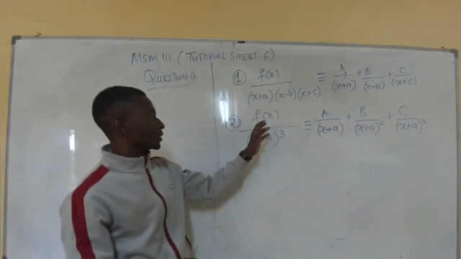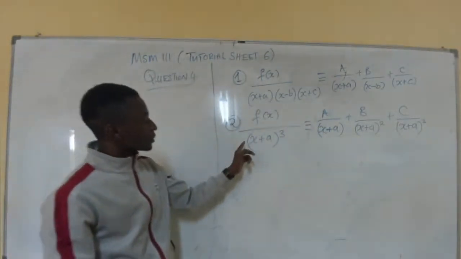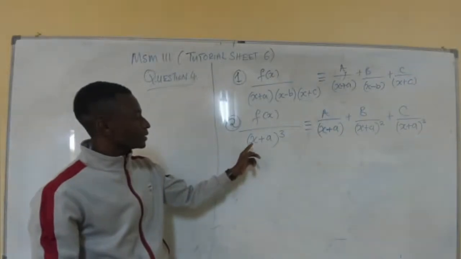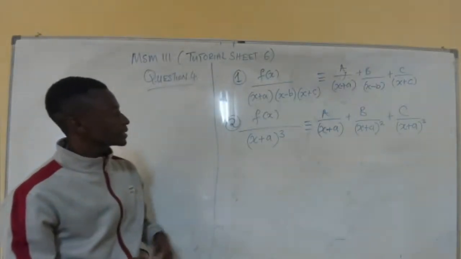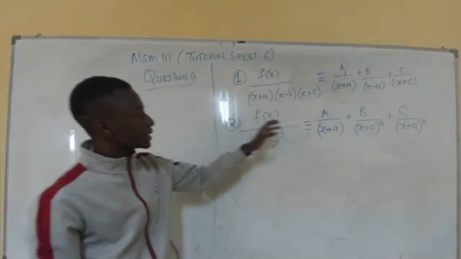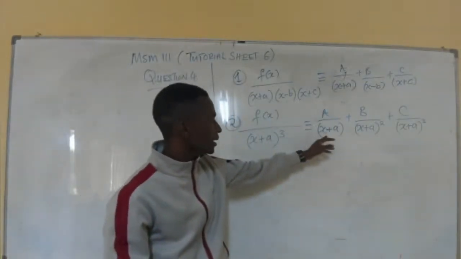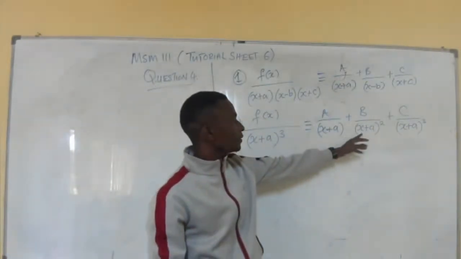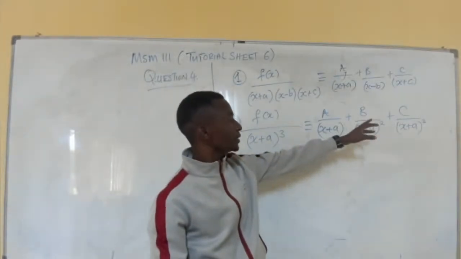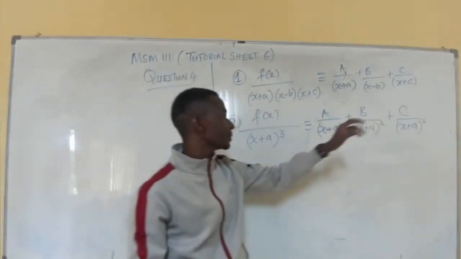So that's what you can do. Given an expression with a denominator containing repeated linear factors, in partial form it can be done like that: a over x plus a plus b over x plus a to the power 2 plus c over x plus a to the power 3.